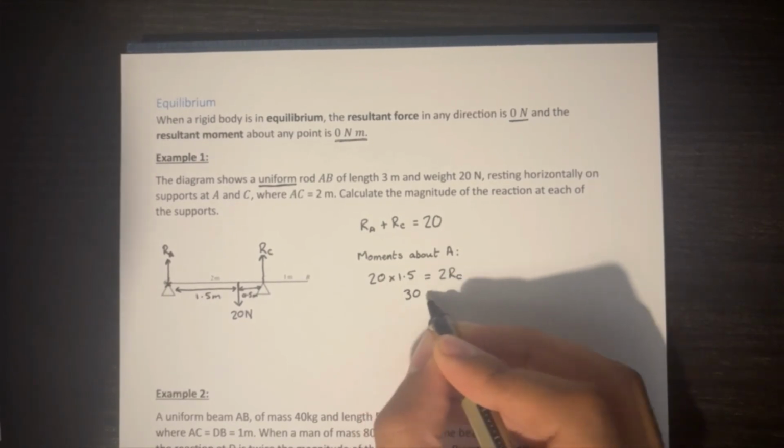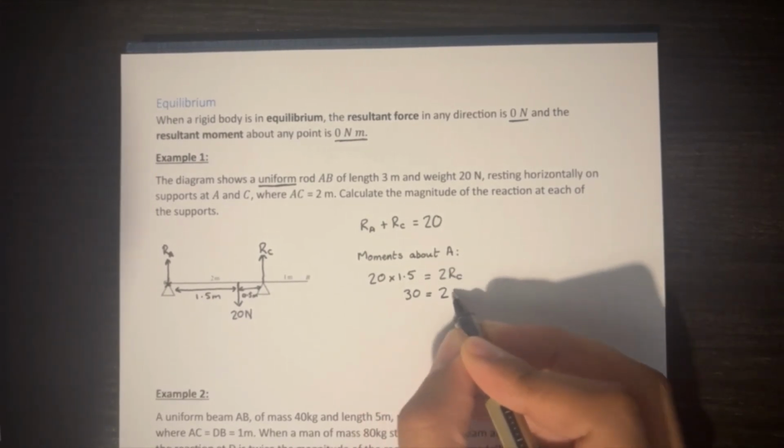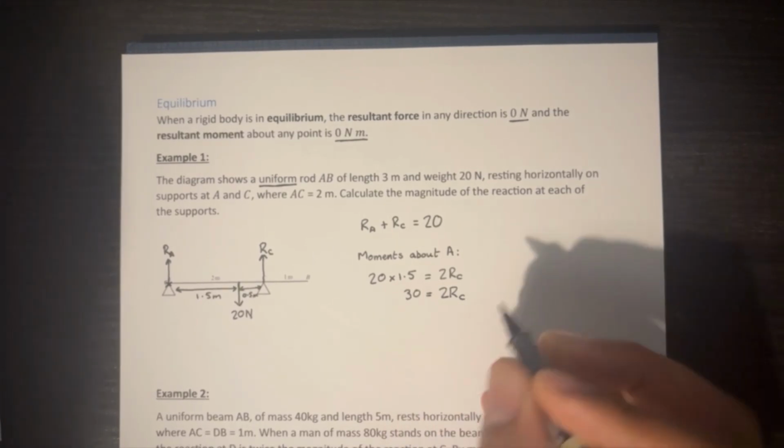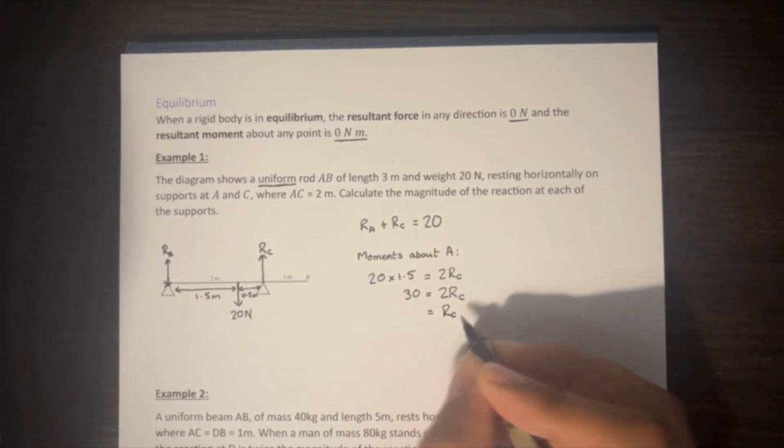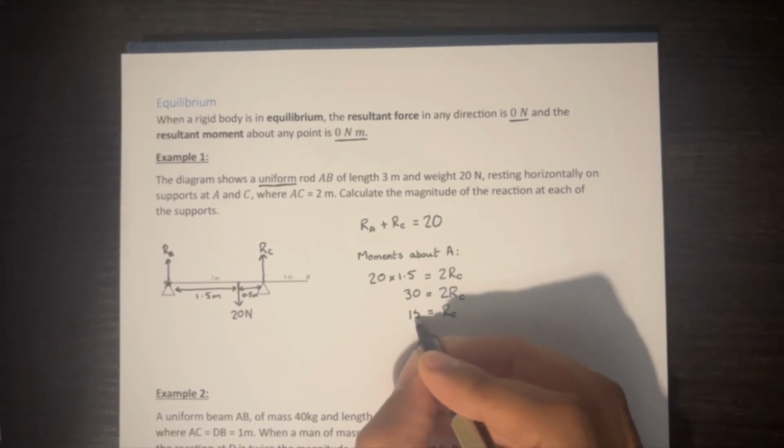So 30 is equal to 2 lots of the reaction at C, which means dividing by 2, the reaction at C must equal 15.